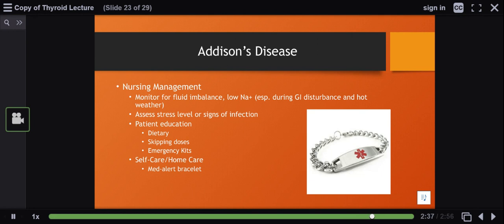Med alert bracelets are often worn by clients with Addison's disease, and these would be useful to help alert EMS if the client was unconscious or lethargic, so EMS would know what was in the client's past medical history so they could properly treat them.